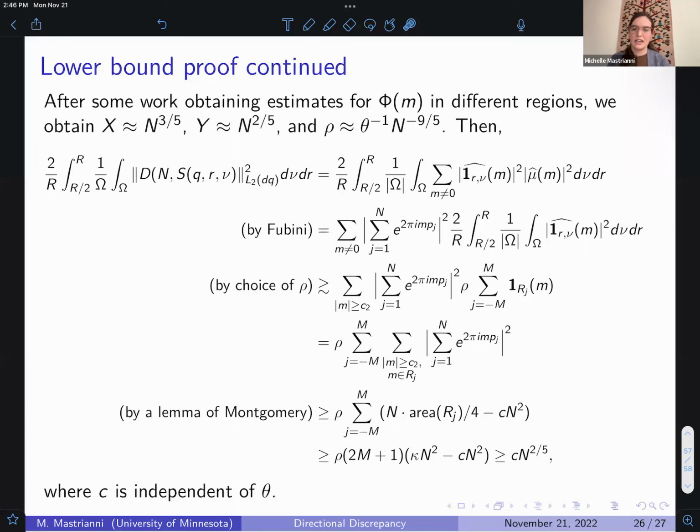Again, the big question here is whether this can be improved to n to the 1/4.